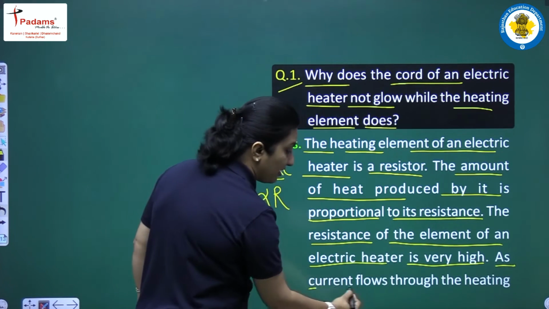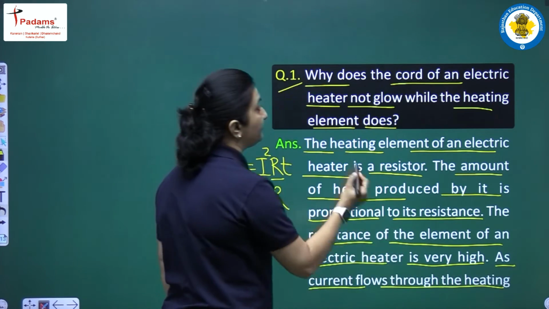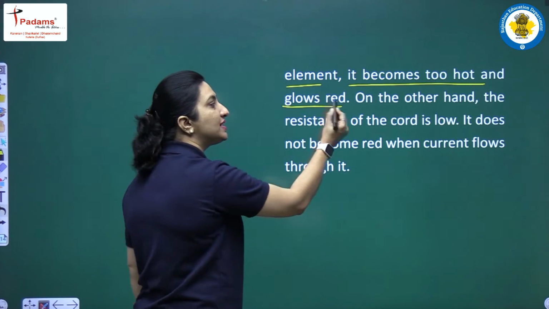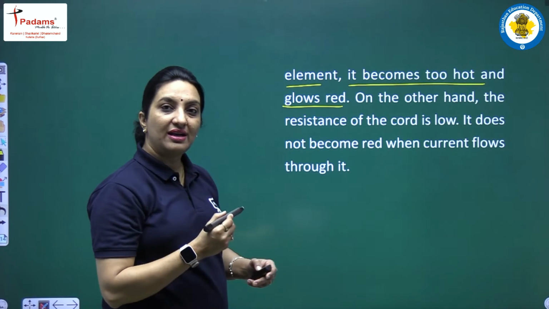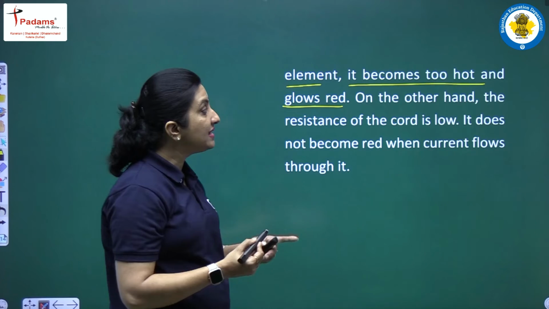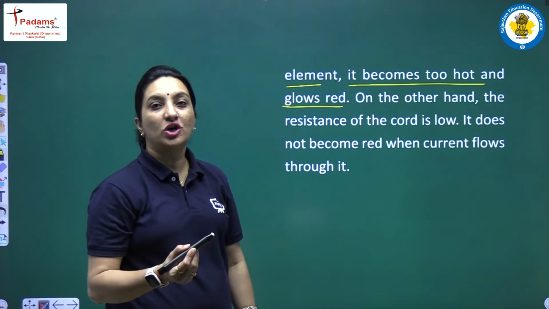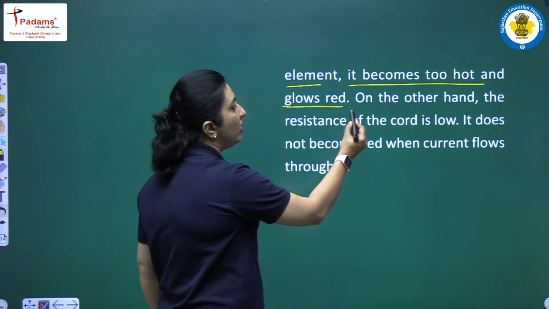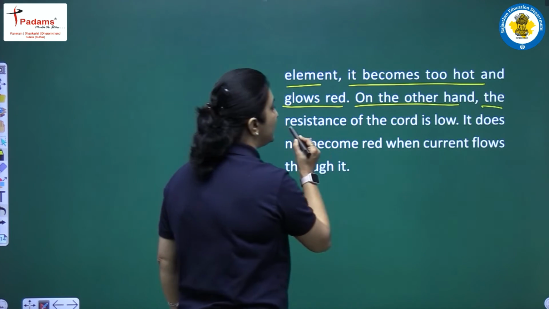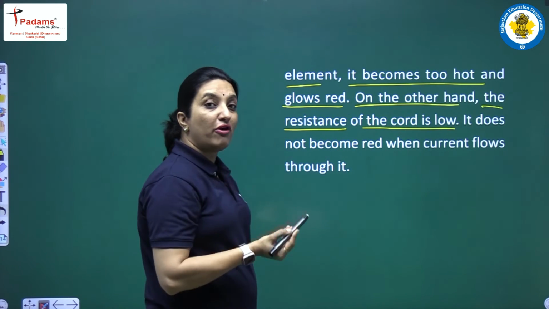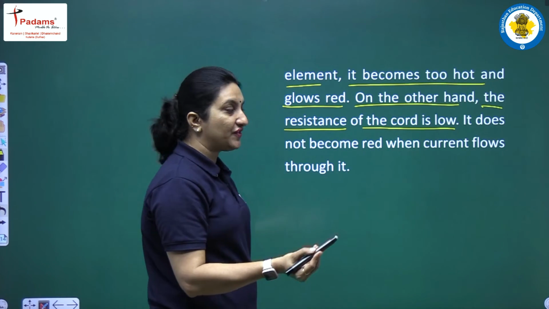As current flows through the heating element, it becomes too hot and glows red. So when current flows through the heating element, then it becomes too hot and that is why it glows red. On the other hand, the resistance of the cord is low because it is made up of good conductors of electricity.